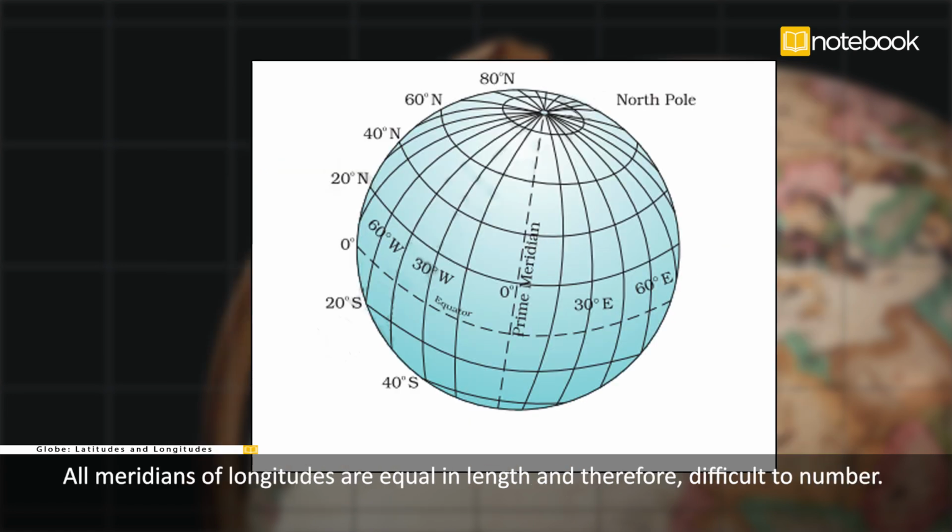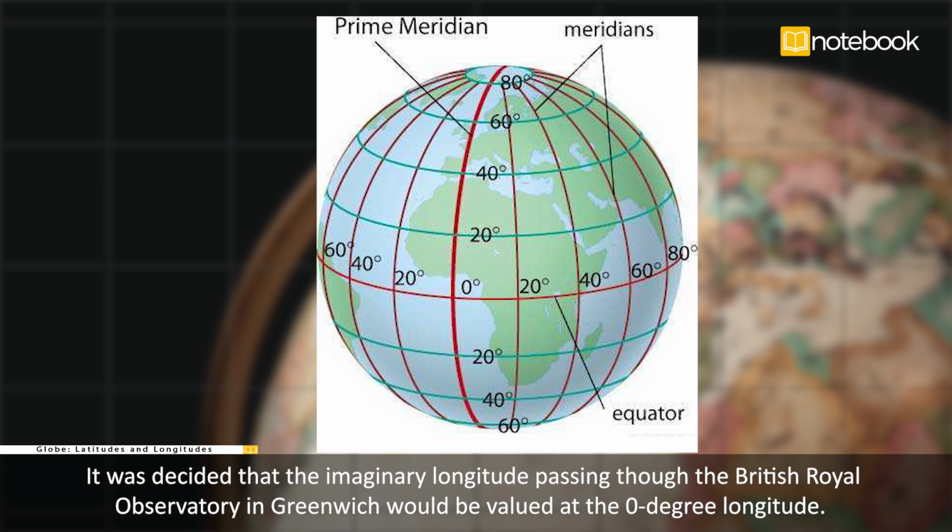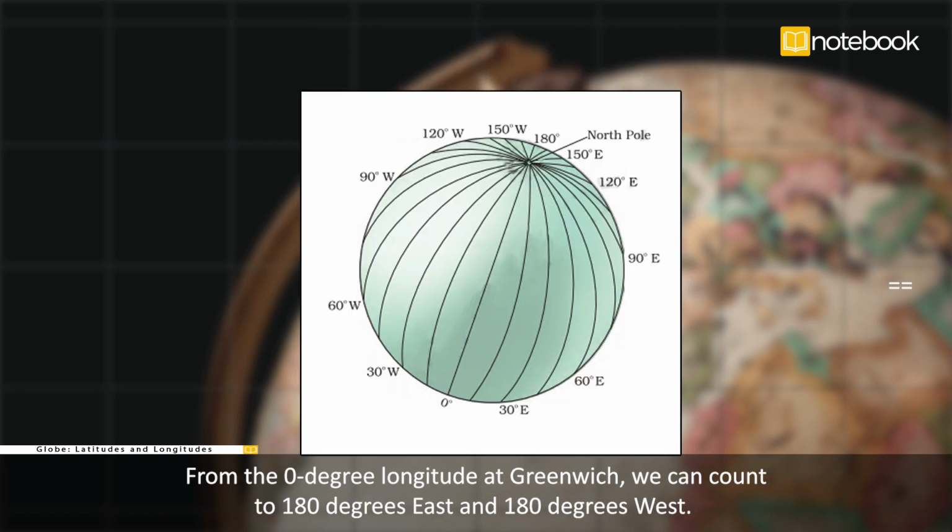All meridians of longitudes are equal in length and therefore difficult to number. It was decided that the imaginary longitude passing through the British Royal Observatory in Greenwich would be valued at the 0-degree longitude. From the 0-degree longitude at Greenwich, we can count to 180 degrees east and 180 degrees west.